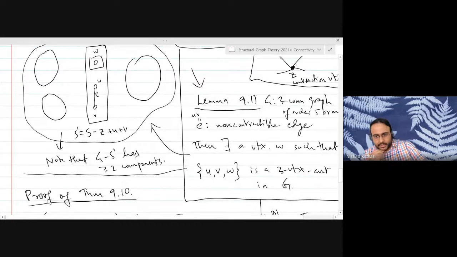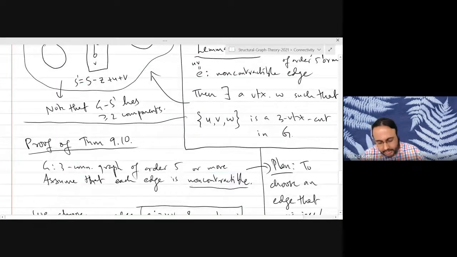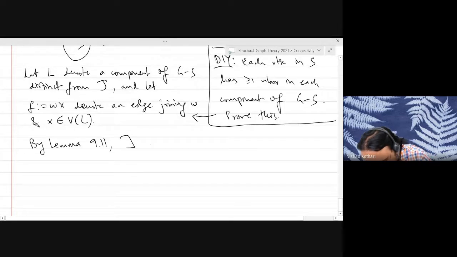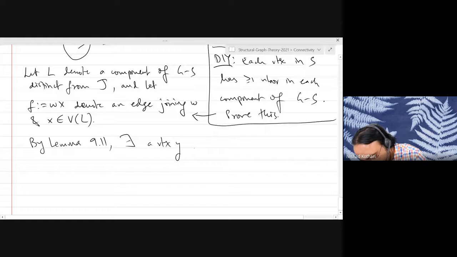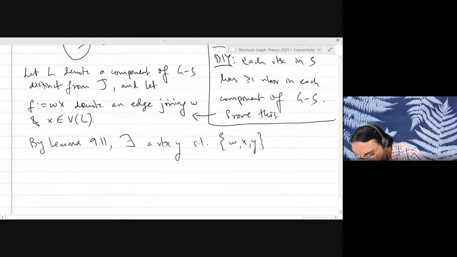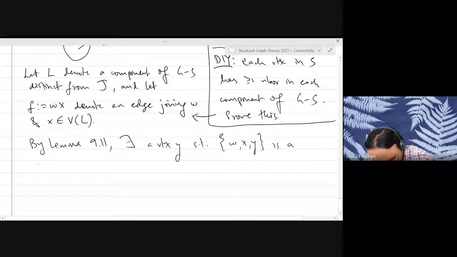So there is a vertex Y, so that the ends of F and Y is a 3-vertex cut in G. By lemma 9.11, there exists a vertex Y such that, the ends of F being W and X, WXY is a 3-vertex cut in the graph G.